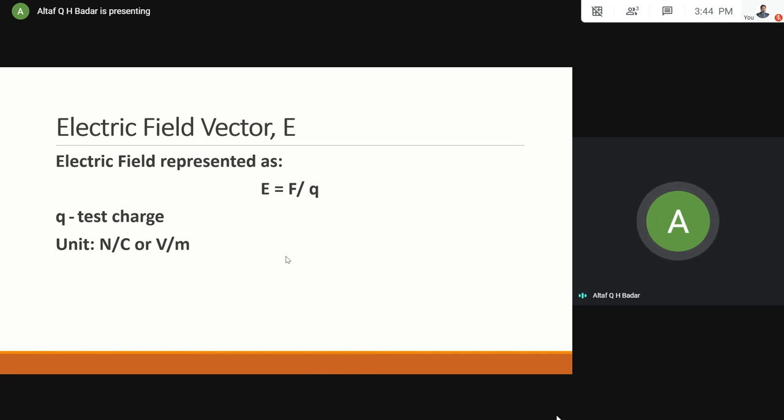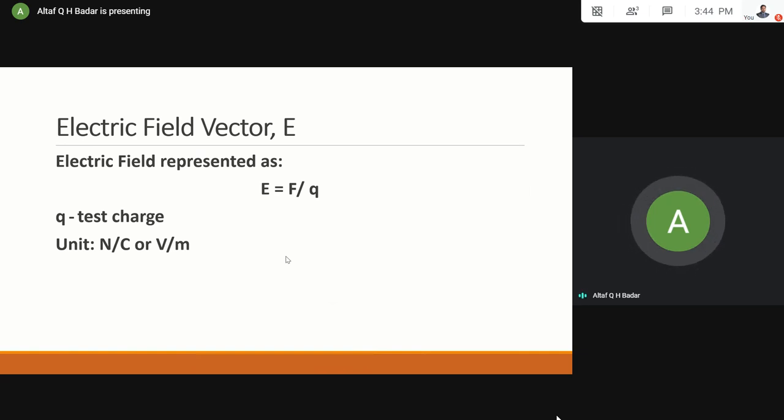So here we'll go for the vector calculation of E. E is given as F by Q, where Q is the test charge. The unit for E is Newton per Coulomb, and the other unit is volt per meter. So we can say potential gradient can also be brought in somewhere using electric field intensity.